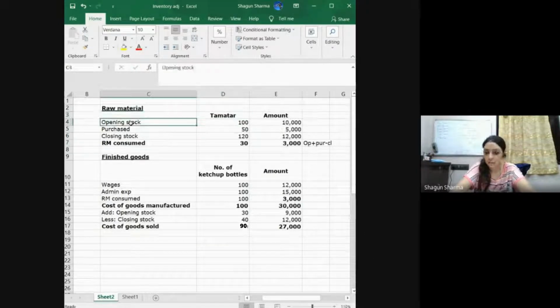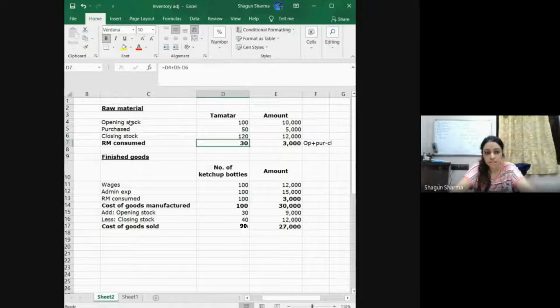Okay. At the start of the year I counted how many tomatoes I have, and there were 100 tomatoes. Okay. During the year, I placed an order for 50 more tomatoes. At the end of the year, I counted my stock again and I had 120 tomatoes. So obviously 30 tomatoes went away somewhere. Where did they go? They went into making ketchup. Okay.